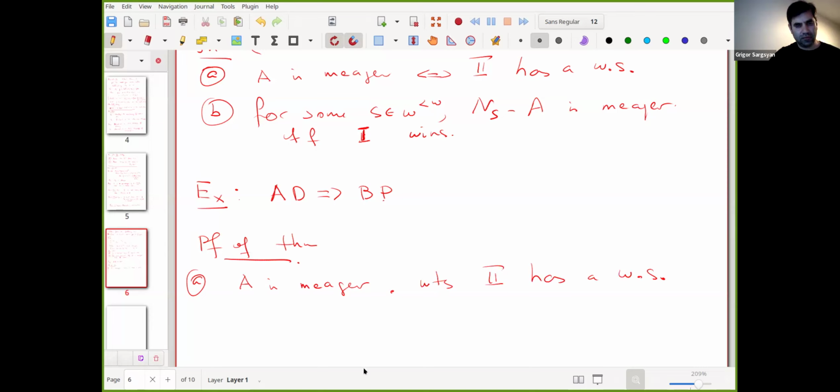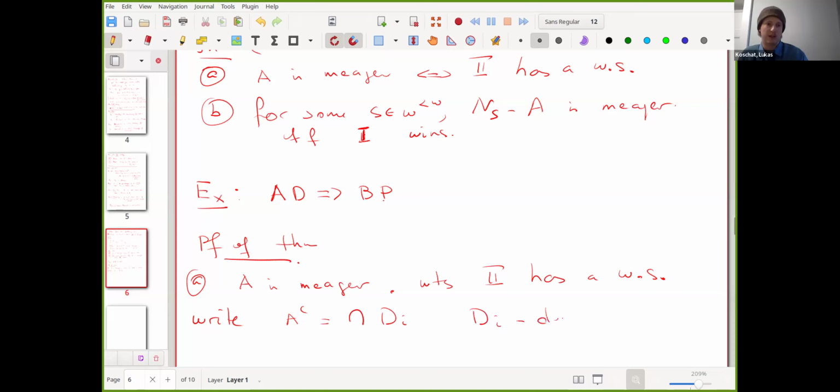So that means you can take dense open sets, and you can always extend, right? So let's see. We could write A complement to be the intersection of Di, dense open. Do you want CCR here?